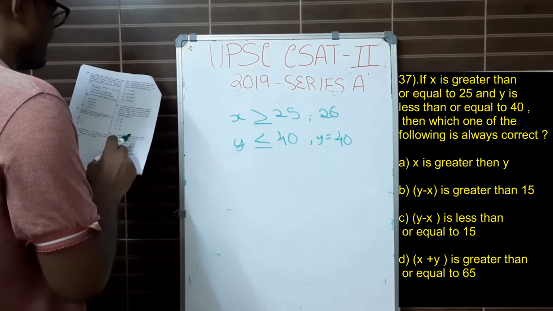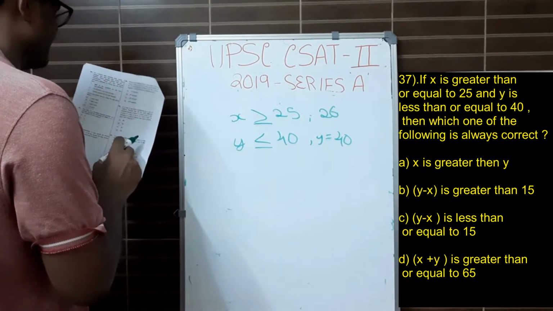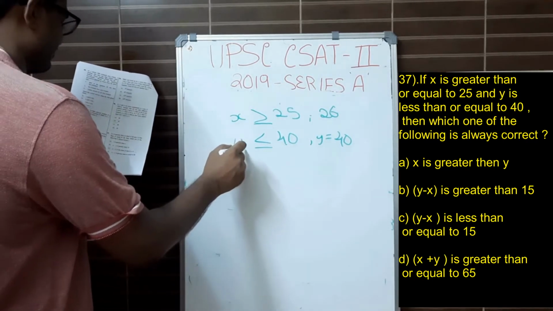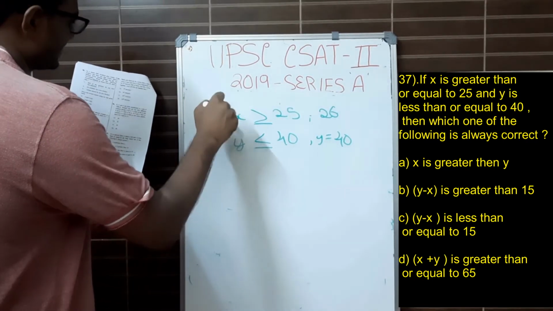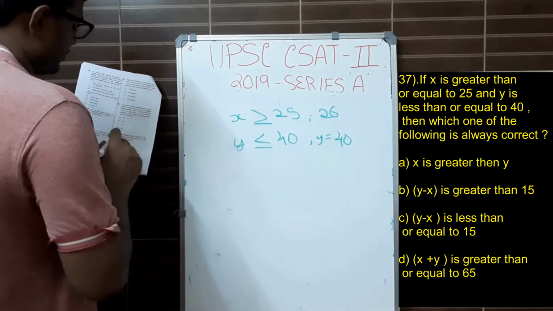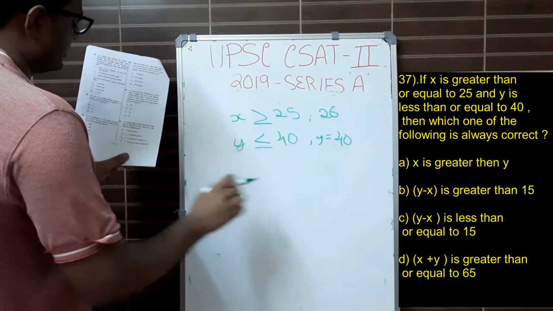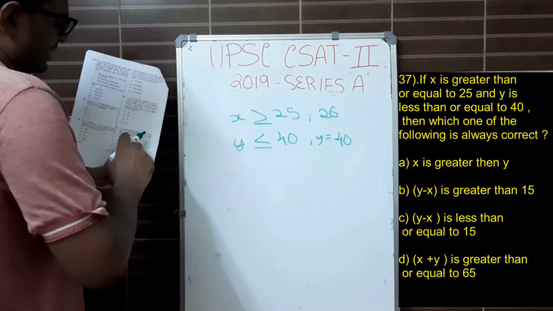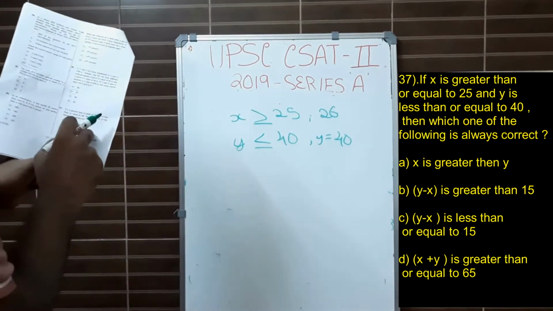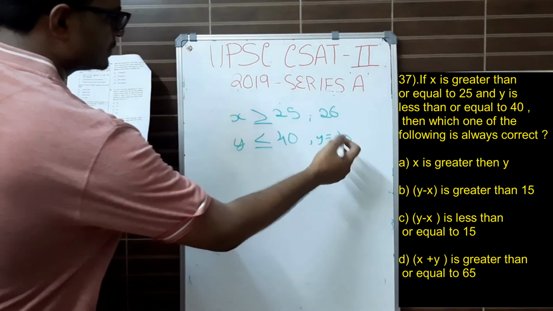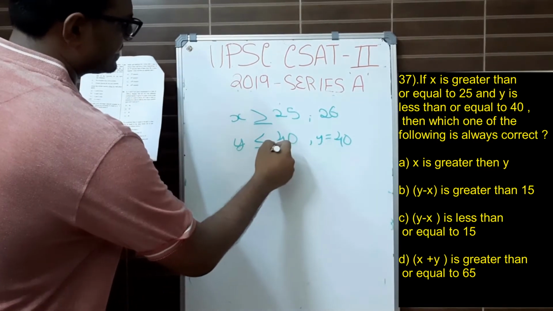So to prove that y minus x is lesser than 15, you must always try to project a value of y which is less and x as more. Because when y is less and x is more, then the value will be the least possible value, and that may counter statement B. Okay. So see, y is lesser than or equal to 40.